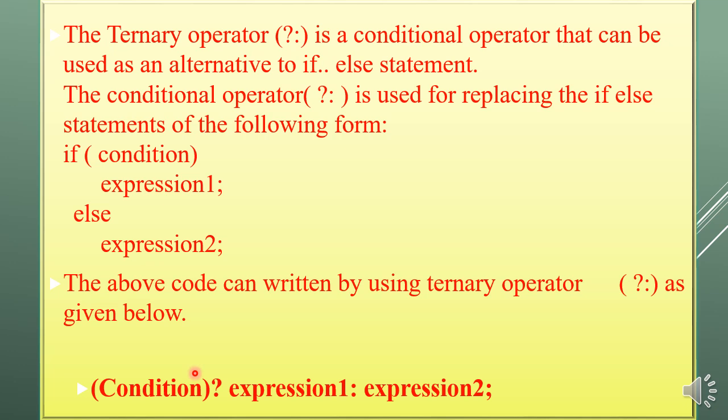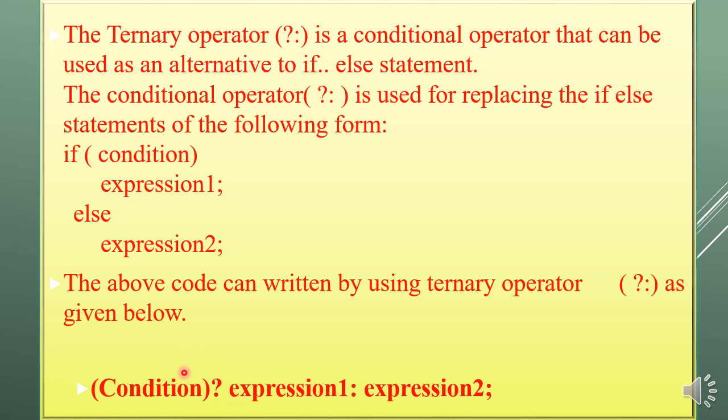When we convert the same code from if-else to the ternary operator, the format is: first comes the condition. There is no need of using the keyword if. Condition in brackets, question mark, expression 1, colon, expression 2.